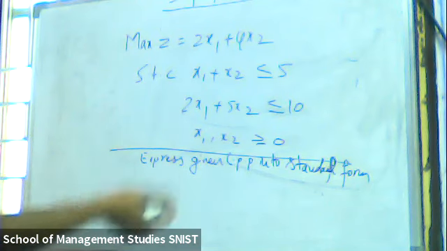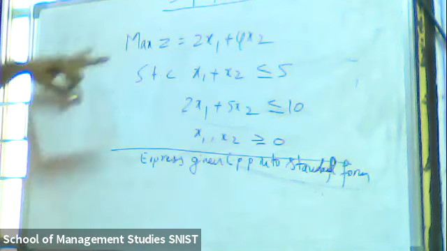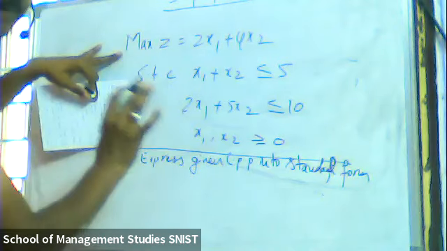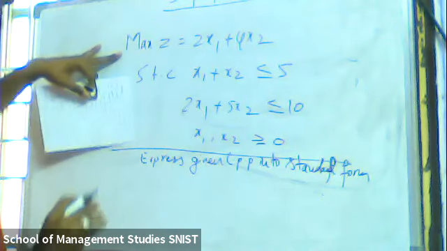So how do we express the given LPP into standard form? Forget about this maximization for now. Keep this objective function aside for the time being. Now I'm talking about the constraints.